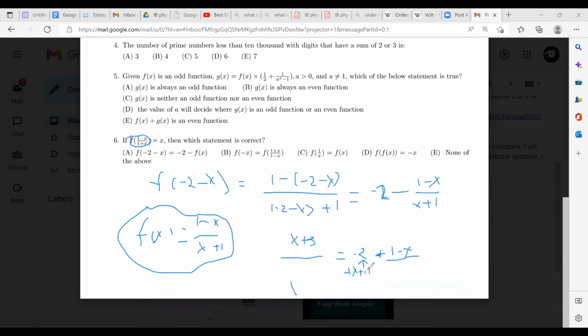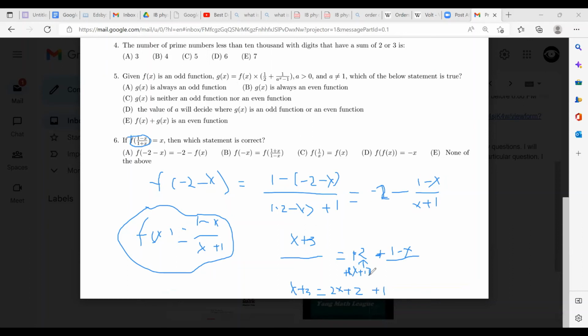So we get x plus 3 is equal to, so the negatives cancel out, 2 times (x plus 1), plus 1 minus x. This is parentheses, by the way.